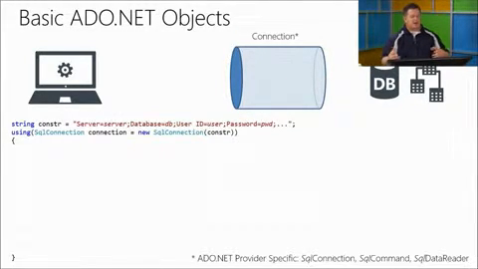And then we'll open a connection that uses those attributes to actually make the connection to the database engine on the back end there. So in there, I've got this SQL connection object called connection. I'm newing it up and shipping in this connection string. And you'll notice that in the sample code there, I'm wrapping it up in a using clause. The reason for that is that these SQL connections not only consume resources here on the client side, but they're also consuming resources up on the database engine side.